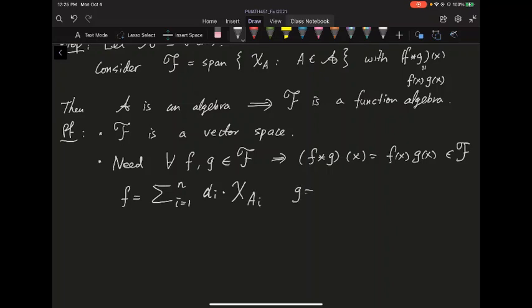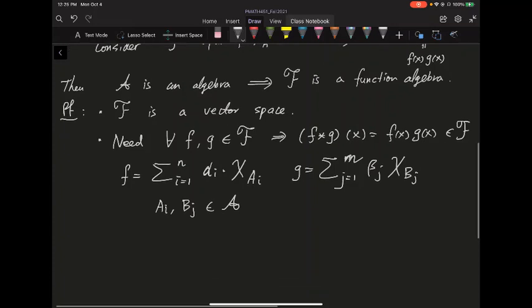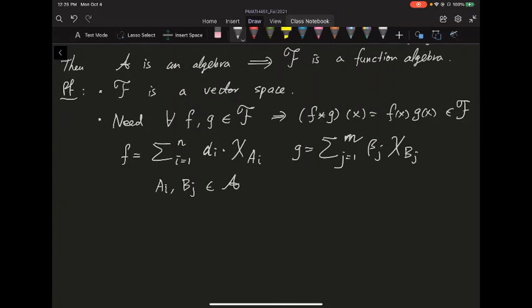And then g may be some other linear combination, let's say j going from 1 to m of some beta_j, let's use j, times chi of some B_j, where each of these A_i and B_j are both coming from this collection A. All right, so I need to show that this f and g, their pointwise multiplication, is indeed again in F.